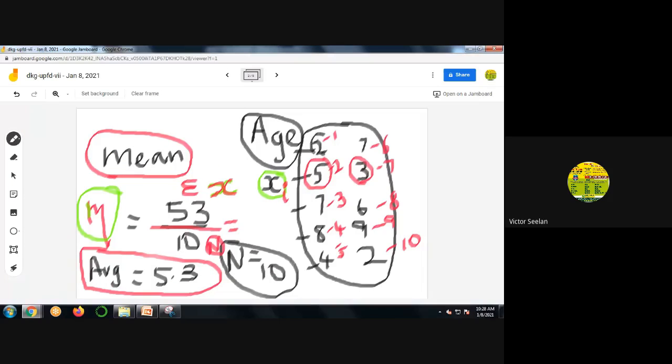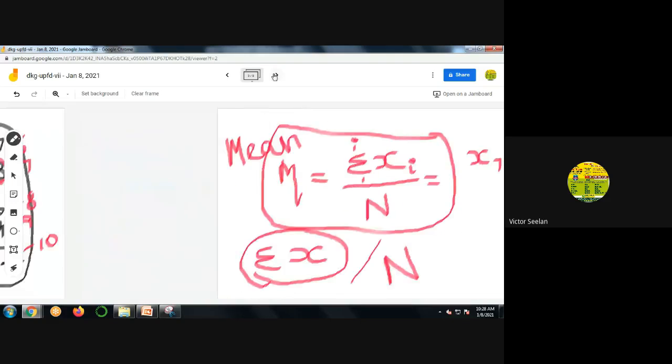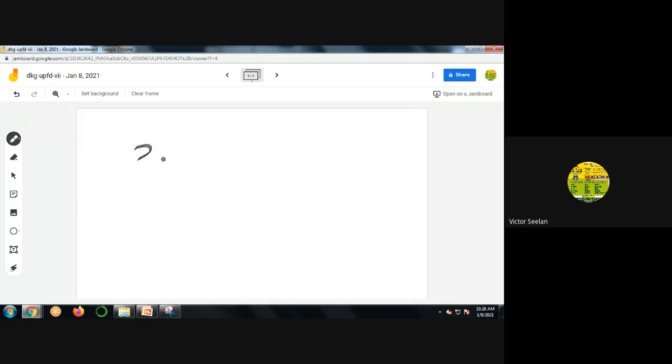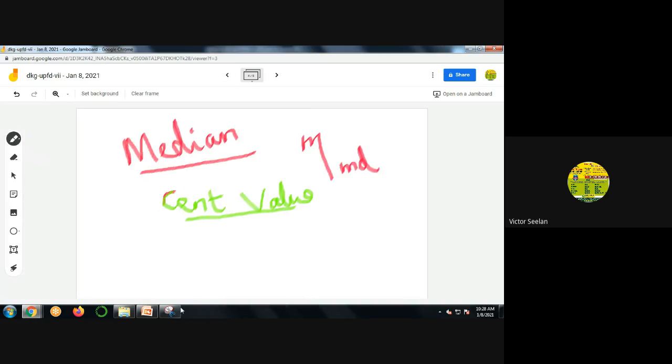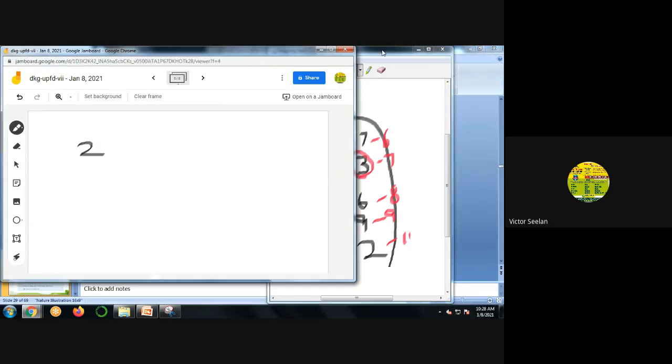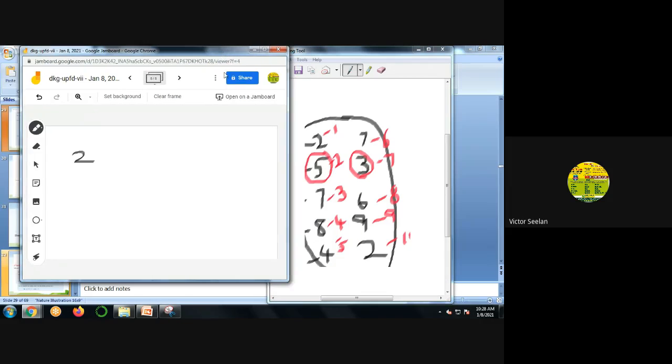Minimum value. First value is 2. Yeah, first value is 2.